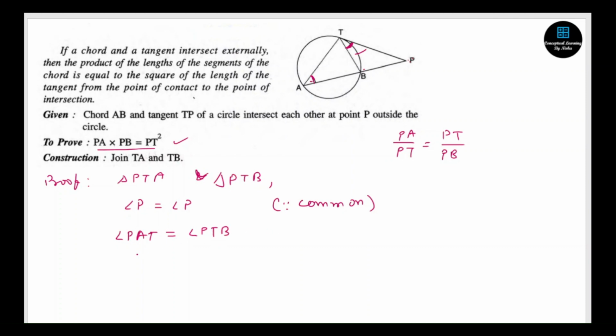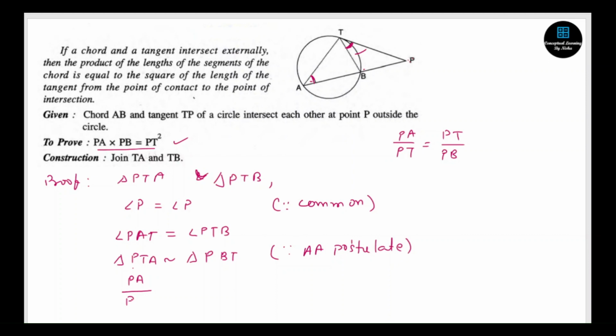So now using the AA postulate. Okay. Using the AA postulate, which two triangles are similar? Let's conclude that triangle PTA, along with P it is P, along with A it is T, and T it is B, like this. And now I'm interested in PA, so I'll write PA.